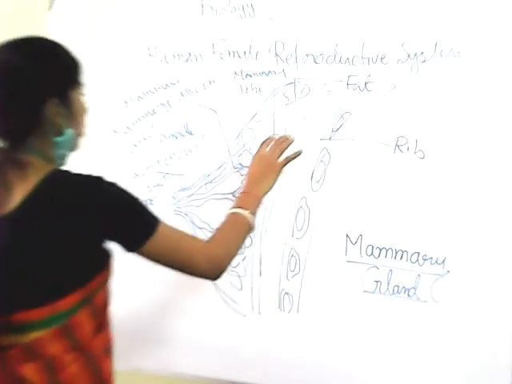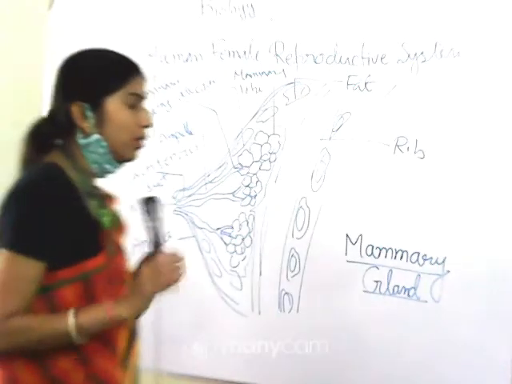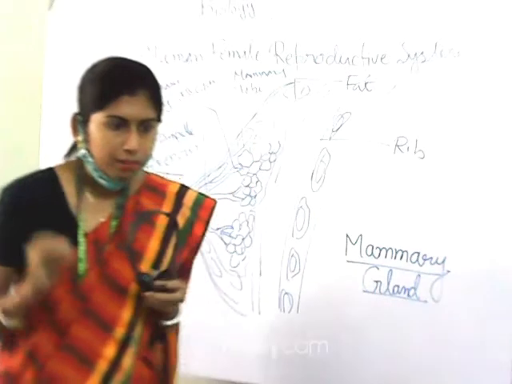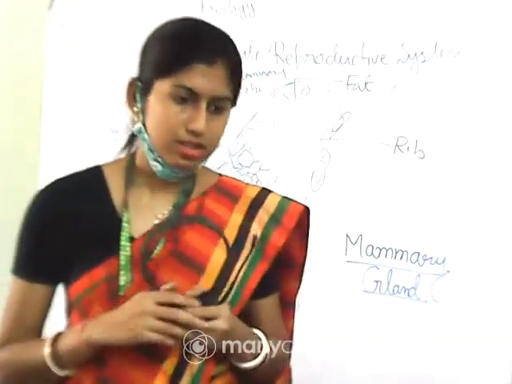First let me come to the mammary lobe. In the mammary gland you will get 15 to 20 mammary lobes containing clusters of cells called mammary alveoli. Already you have read the term alveoli in the human respiratory system, right?